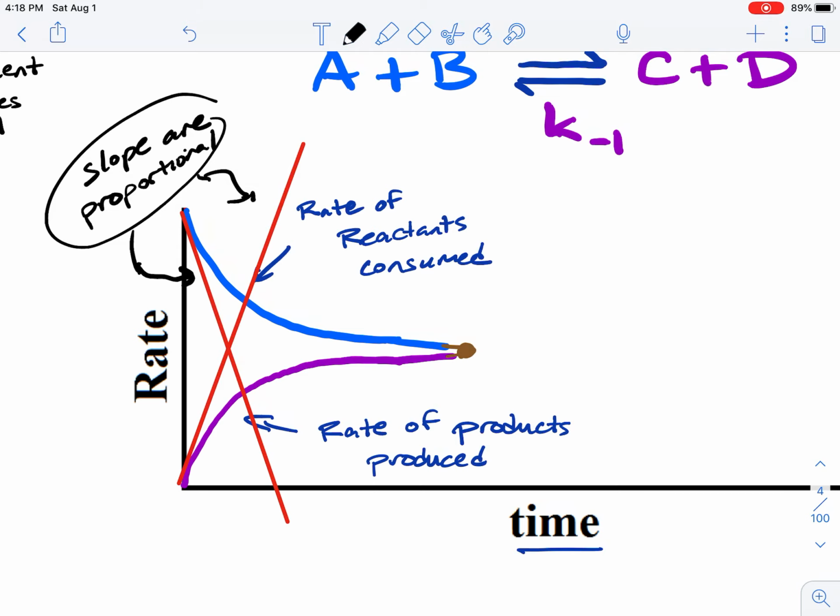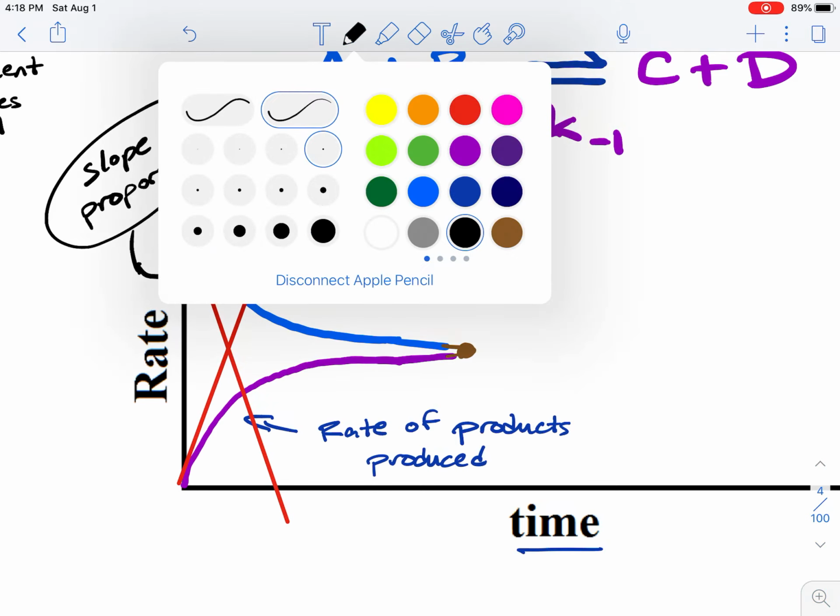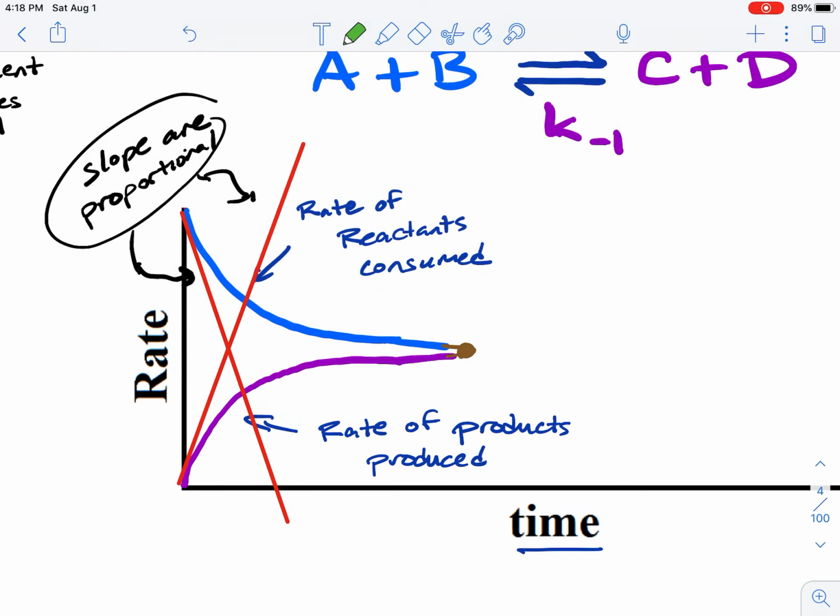Okay. And so if we keep drawing lines tangent to the curve, so let's do green. So let's just say I'm going to take a line tangent to this point.